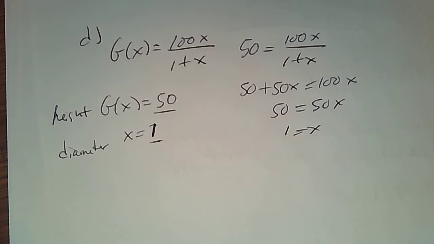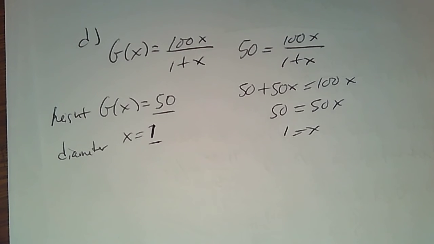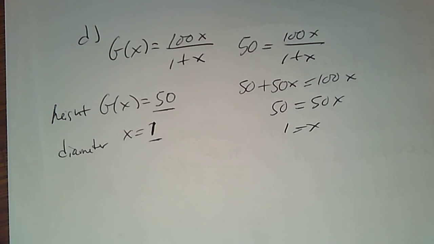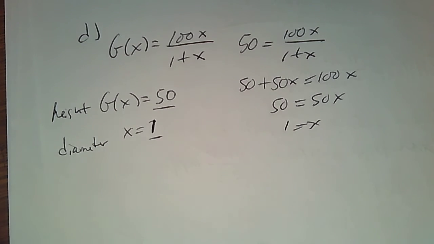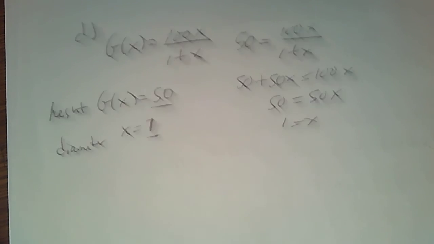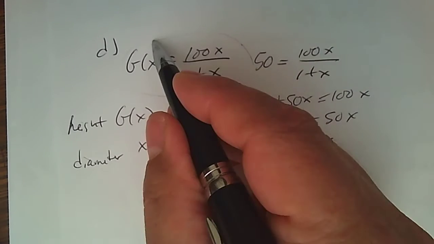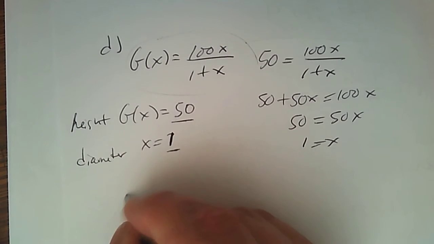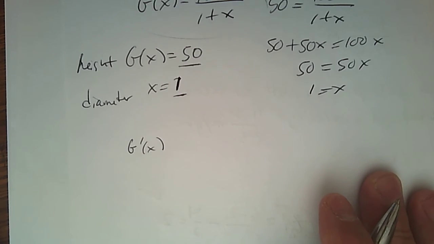Now, I want to do what? I want to know when the tree is 50 meters tall, and it's increasing at a rate of 0.03. According to this model, what is the rate of change of the height? So this is what's called a related rate question. So I'm going to take the derivative of this with respect to time.